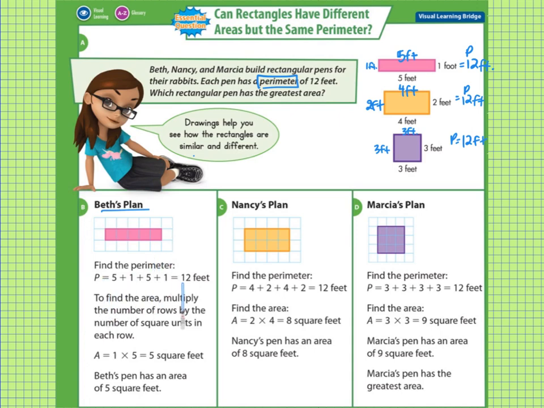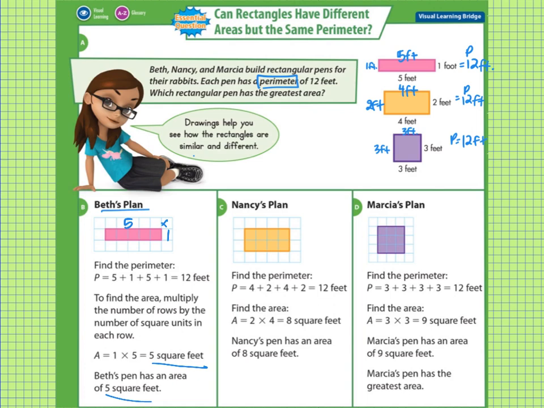So if I add up the perimeter here, we have 5 plus 1 plus 5 plus 1, which is 12 feet. Now remember, to find the area, you need to multiply the number of rows by the number of square units in each row. So we would do 5 times 1, okay? And 1 times 5 or 5 times 1 would give us 5 square feet. So Beth's pen has an area of 5 square feet, okay?